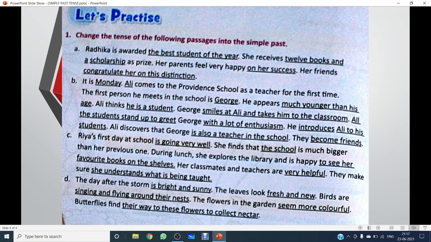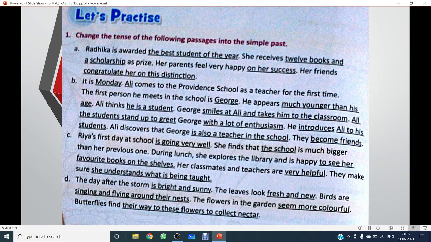So she received 12 books and a scholarship as prize. Her parents feel very happy on her success. Here feel becomes felt. Her parents felt very happy on her success. Her friends congratulate her on this distinction. Her friends congratulated her on this distinction.